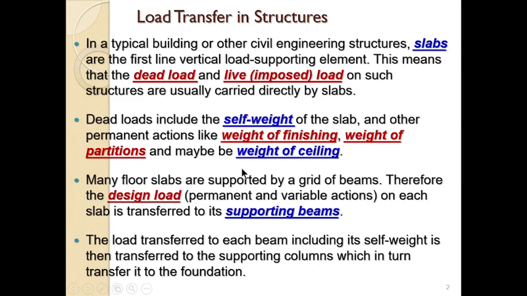So if you have a rectangular slab that is supported by beams at the edges, the load of the slab will be transferred to the four beams at the four edges of that slab. And so the load transferred to each beam includes its self-weight and is then transferred to the supporting columns, which in turn is transferred to the foundation.